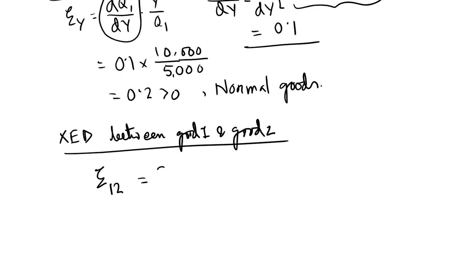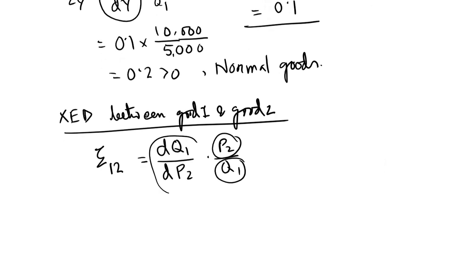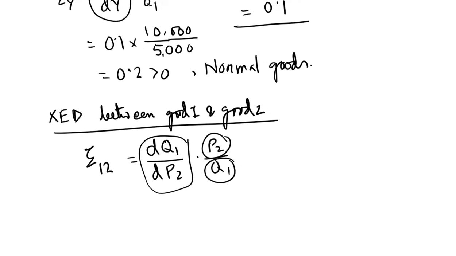So in this case I need to find the derivative of Q1 with respect to P2 times P2 by Q1. We know the value of P2 and Q1. All I need to do is to find the partial derivative of Q1 with respect to P2.